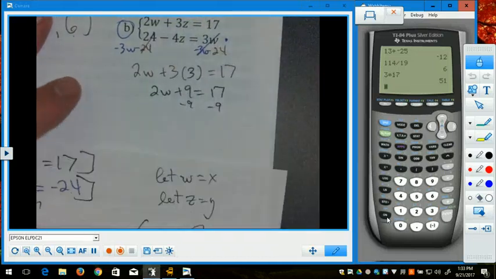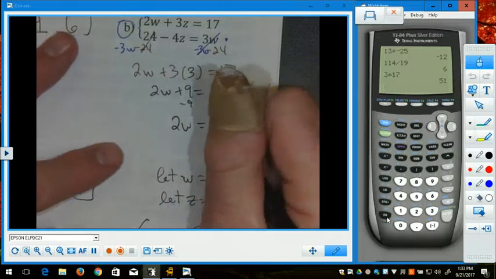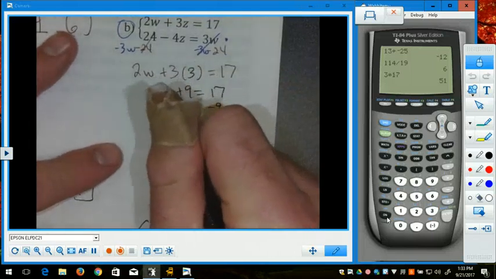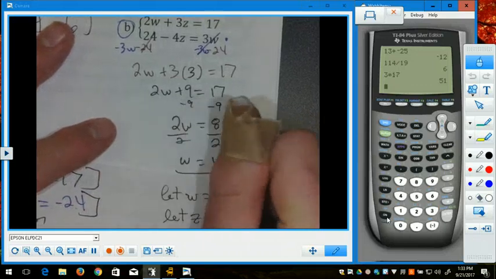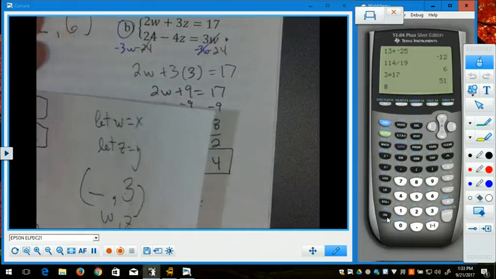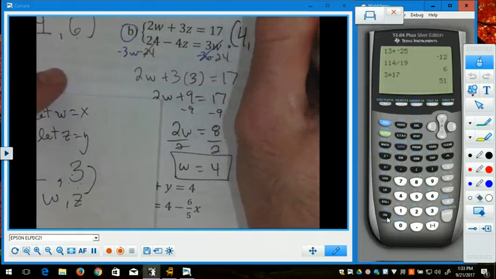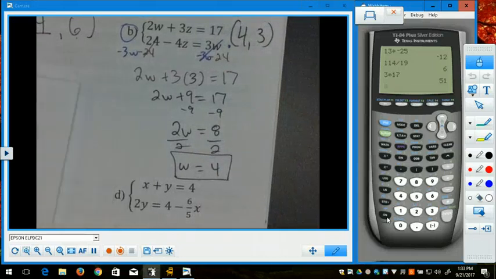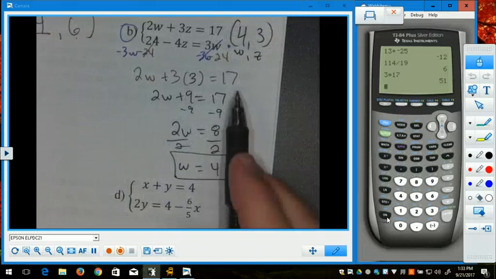Take away 9 from both sides, we get 2w equals 8. When I divide both sides by 2, w is 4. Okay, so now we have our ordered pair, which we believe is 4 comma 3. That's our w comma z, 4 comma 3.